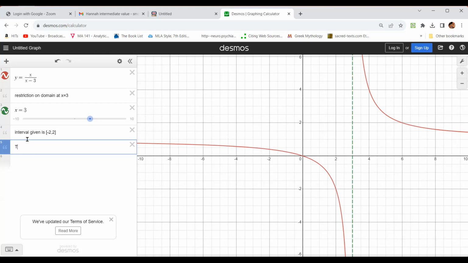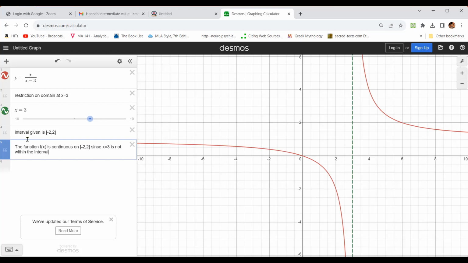I can say this: the function f of x is continuous on the given interval from -2 to 2, since x equals 3 is not within the interval.